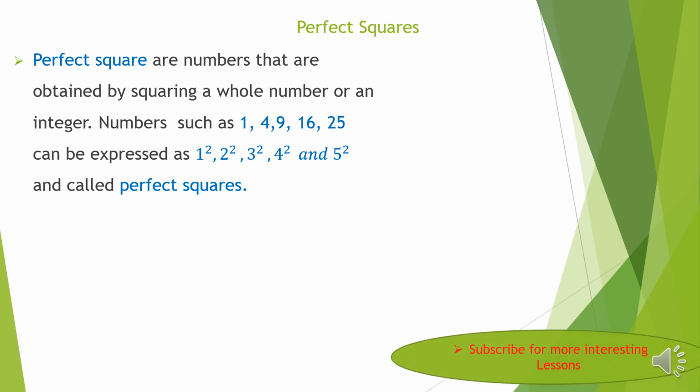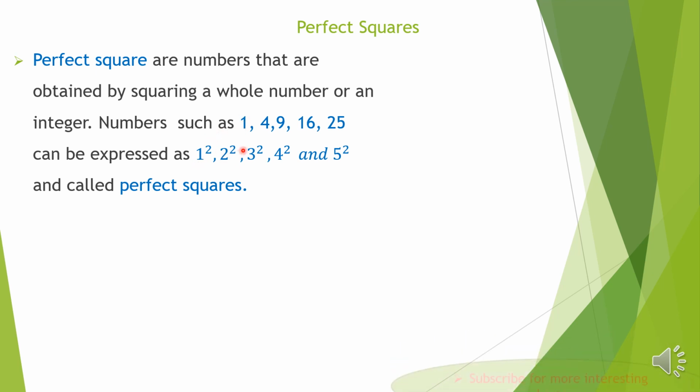For example, 1 can be written as 1 squared, 4 can be written as 2 squared, and 9 can be written as 3 squared, because 3 times 3 is 9, 4 times 4 is 16, and 5 times 5 is 25. Such numbers are the ones that we refer to as perfect squares.